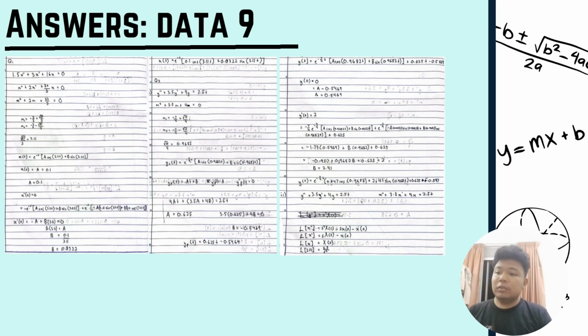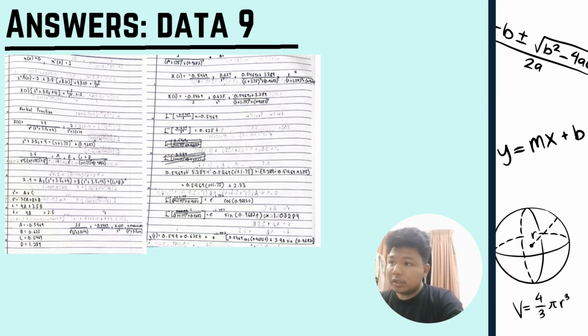So to do the Laplace transformation method, we simplify it to m squared plus 3.5m plus 4, which is equal to 2.5t, and then we list down the Laplace transformation tables. So x(0) is equal to 0 and x prime (0) is equal to 2.